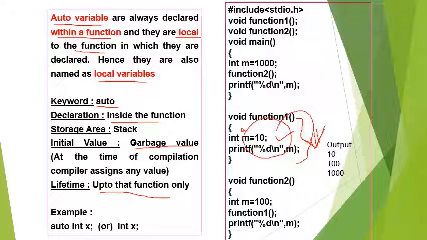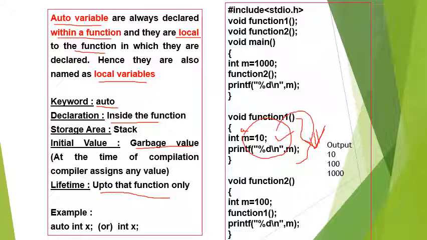If we are declaring int a before the main function, that means in the global declaration portion, we can use that variable a anywhere in this program. From this function, from function 2, anywhere we can use. That is called a global variable.